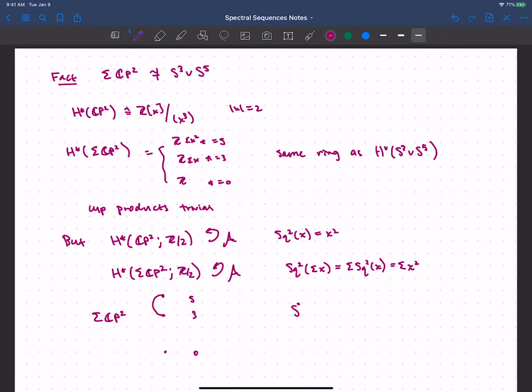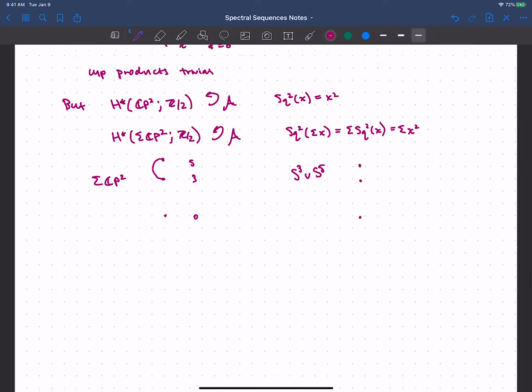But if I draw the wedge, well, I have the same classes, but no Steenrod algebra connections. This is just a wedge. So the Steenrod algebra acts completely trivially. Okay, so this proves already that the suspension of CP squared cannot be the wedge of these spheres, even though as rings their cohomology looks the same.